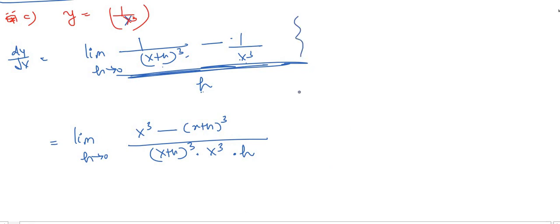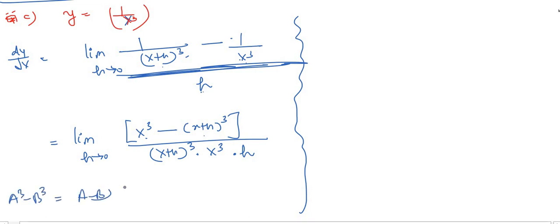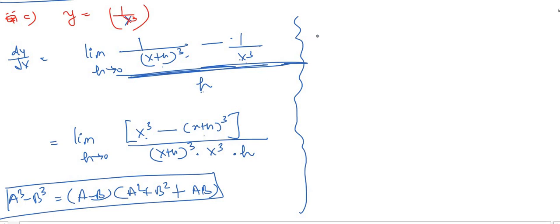Okay, so if you remember, we know the formula of a cube minus b cube. What is the a cube minus b cube formula? It is a minus b, a square plus b square plus ab. So I am going to use this formula here. Okay, so this will be limit h is tending to 0, because we have to somehow simplify it.